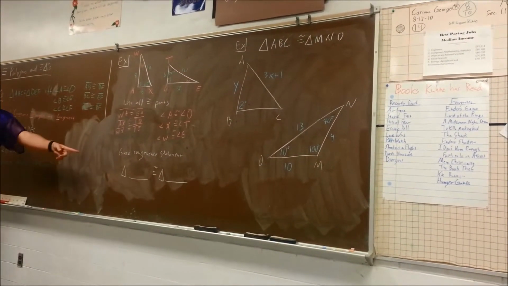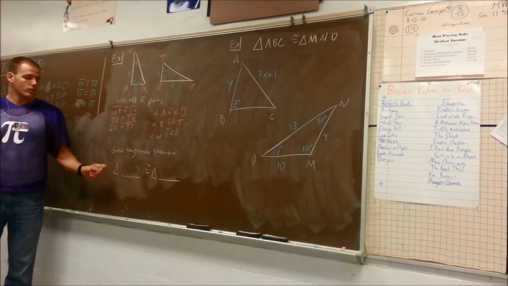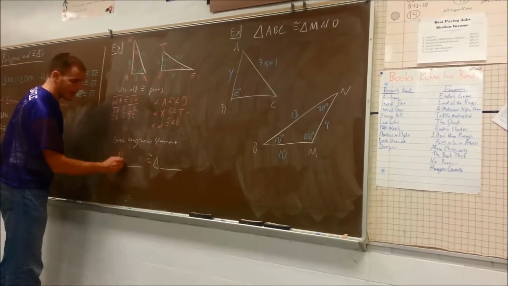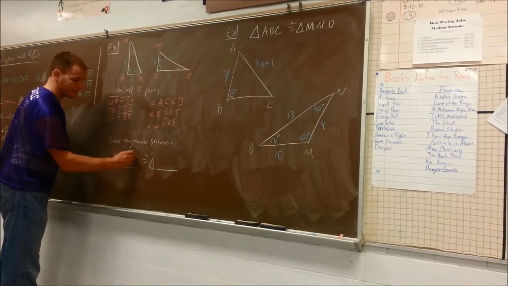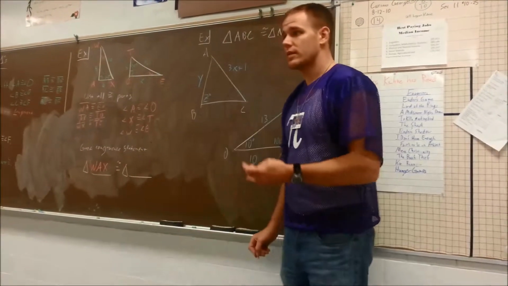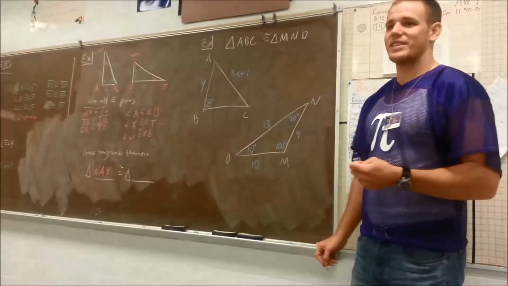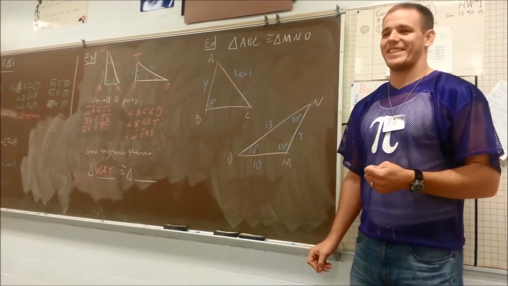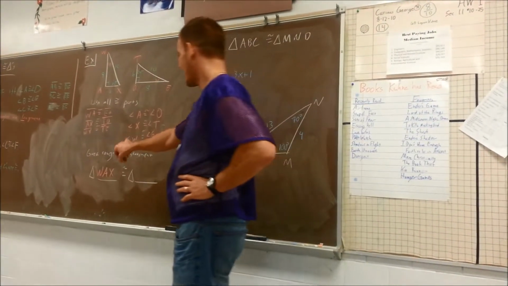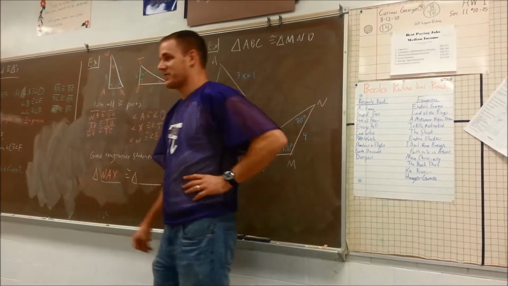Great. Now we just have to write a congruent statement. Triangle WAX is congruent to triangle what? Not TOE. You fell for it. Match everything up. What is angle W congruent to?